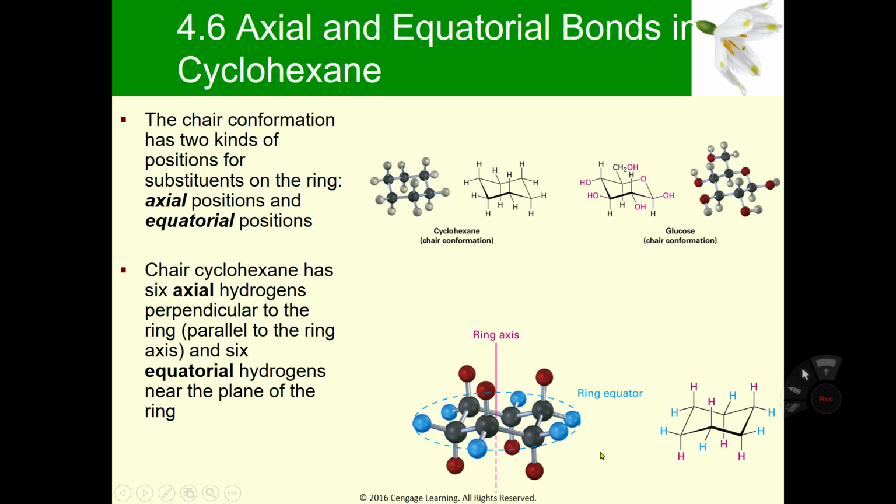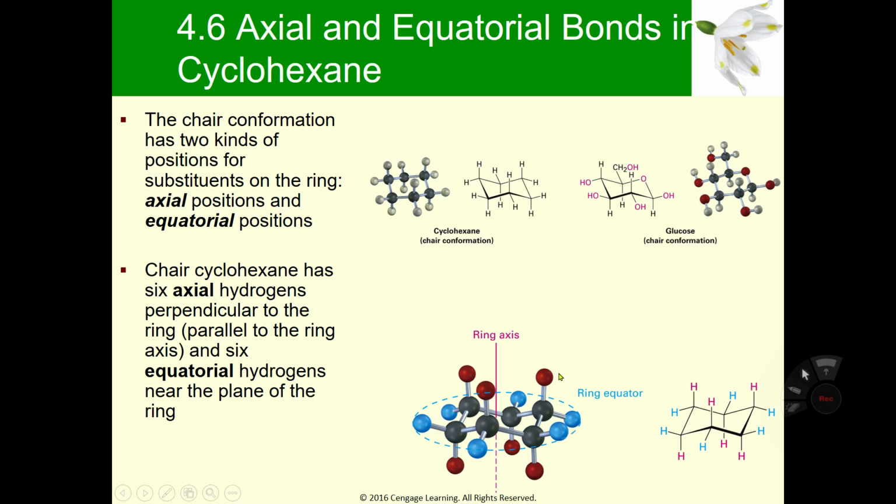We can also consider the plane perpendicular to the ring axis. The plane including 6 carbons and perpendicular to the ring axis is called the ring equator. We can classify 12 hydrogens into 2 classes.